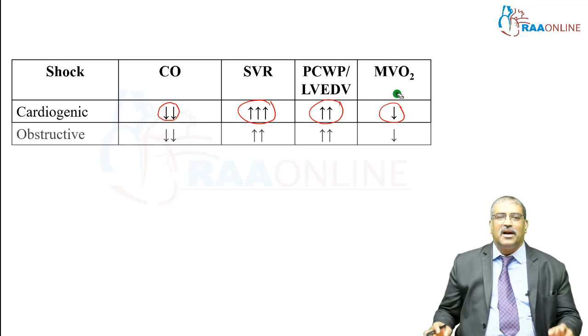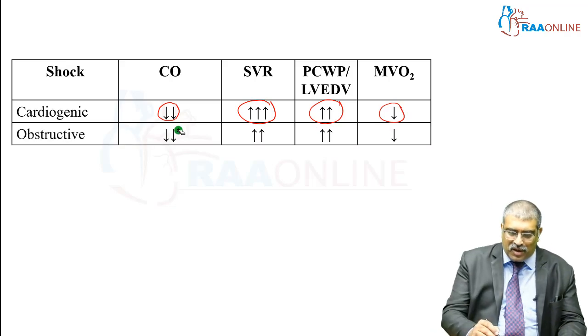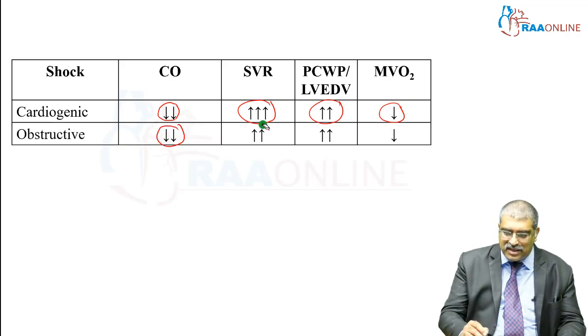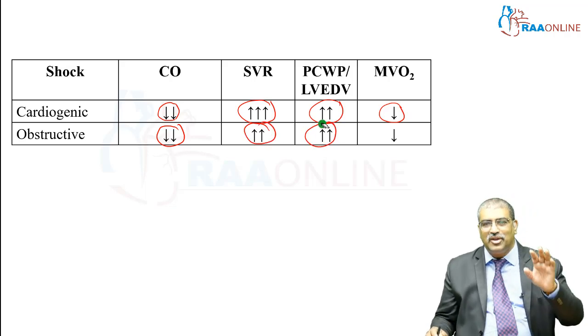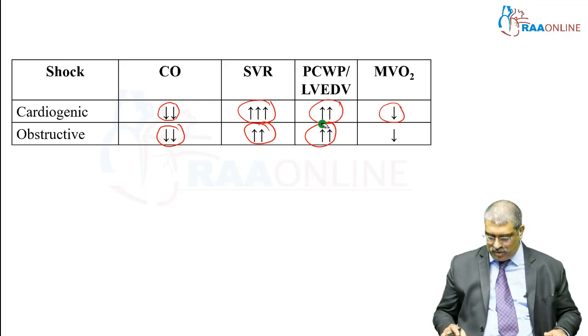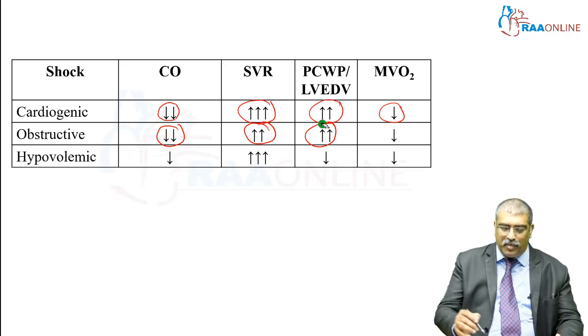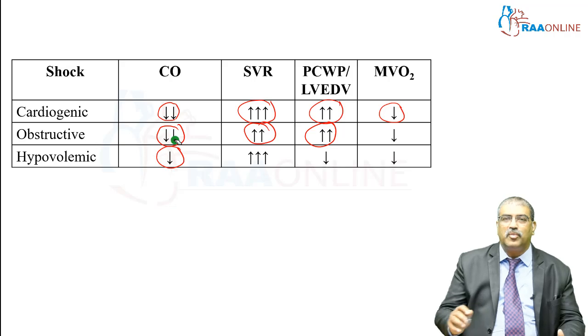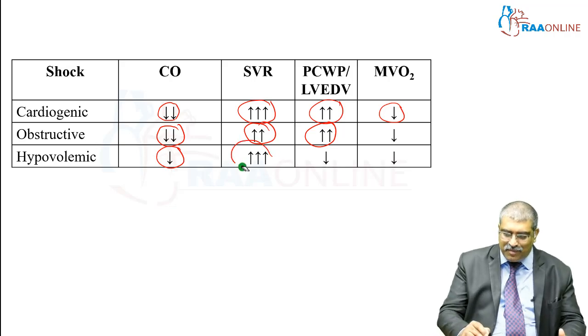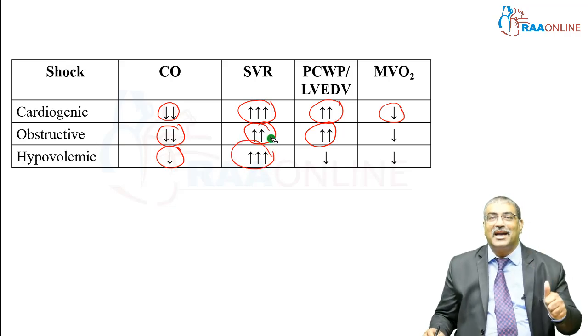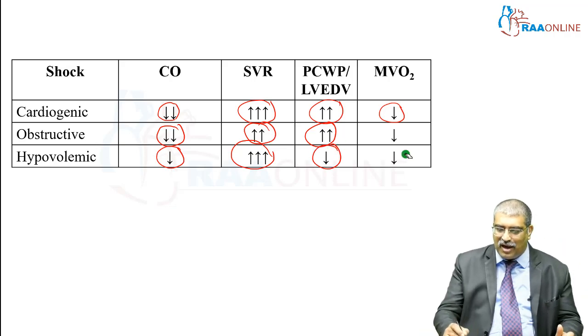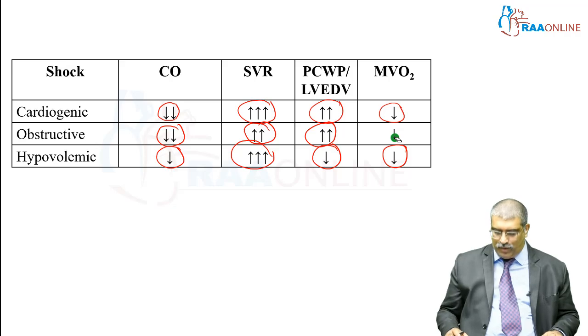In obstructive, your cardiac output is low, SVR is high, pulmonary capillary wedge pressure is high, again your mixed venous oxygen is low. In hypovolemic, your cardiac output is low, SVR can be high, your pulmonary capillary wedge pressure, your preload to the heart is reduced, so it is going to be low, and mixed venous oxygen is low.